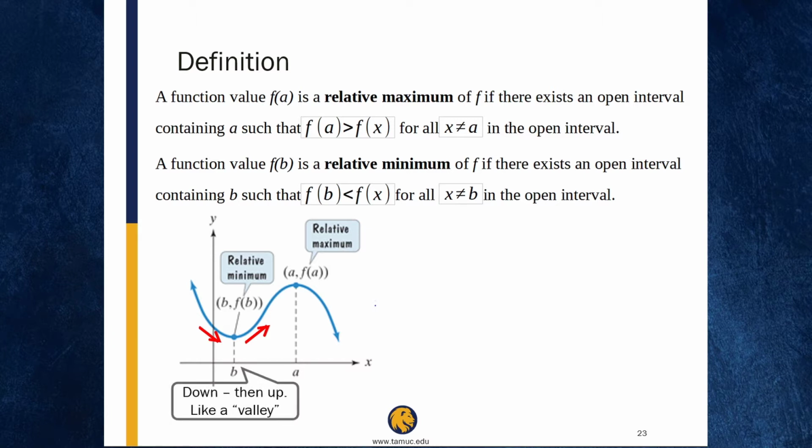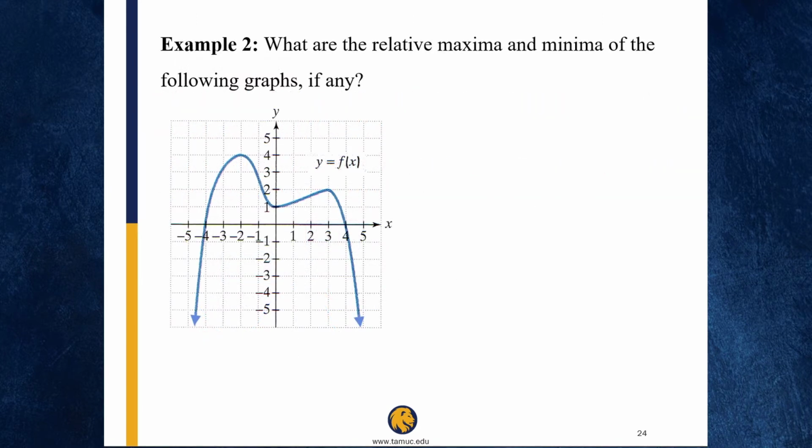This in effect makes a valley in the graph where it goes down and then up. A relative maximum is where the graph goes up and then immediately comes right back down. This in effect makes a peak in the graph where it goes up to a point at the very top and then it comes back down.